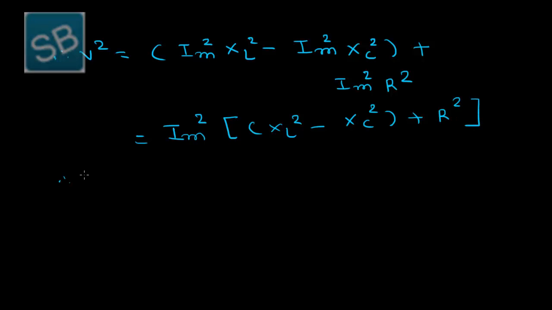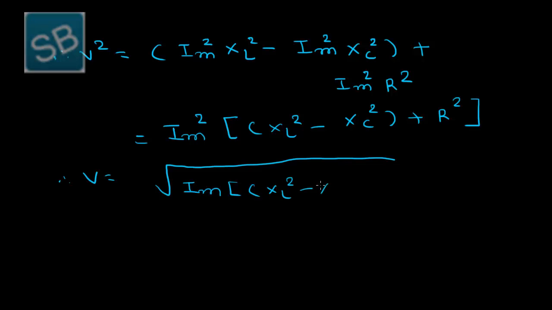And so the applied voltage is given by applying the square root on the above equation. So it is under root Im into XL square minus XC square plus R square. Now here, actually it is not XL square, but outside the bracket there is a square, so you have to correct it.